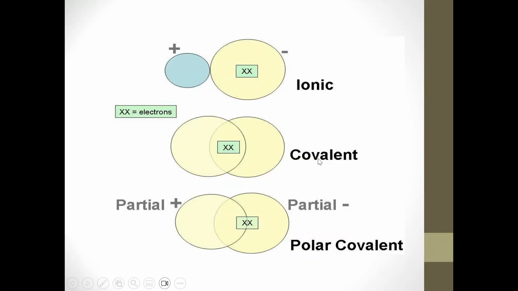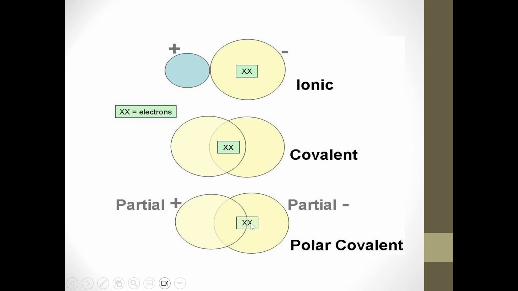So if it's a nonpolar covalent, the electrons that are part of this share zone are equally shared and spend the same amount of time in the left circle as the right circle. And then the last possibility is the polar covalent bond. That's where maybe they spend a little more time around this one on the right-hand side. That means this one on the right-hand side will have a slight negative charge, partial, and the one on the left would have a slight positive charge.